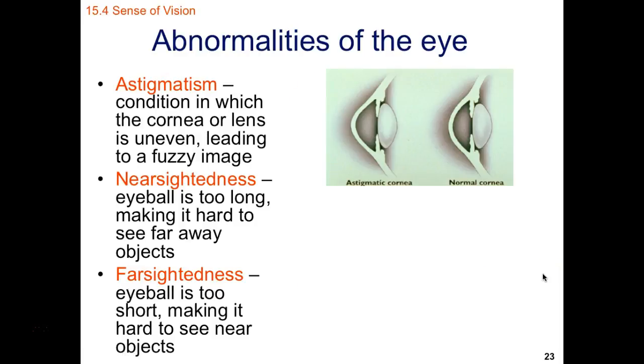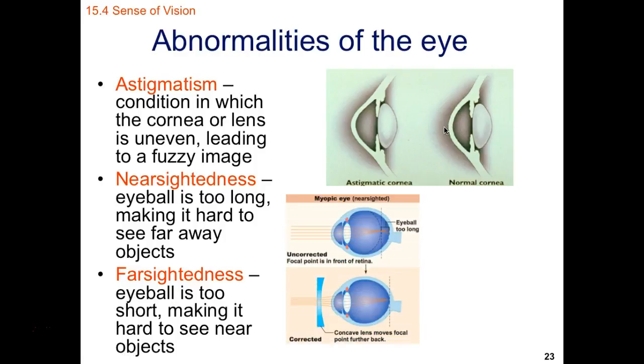Okay, next we have astigmatism, and this is an abnormal curvature of the cornea. So you can see here someone that has astigmatism, their cornea is a little bit more pointed than a normal cornea here, and this causes a change of the light ray that's entering the eye, hence a fuzzy image that will be perceived.